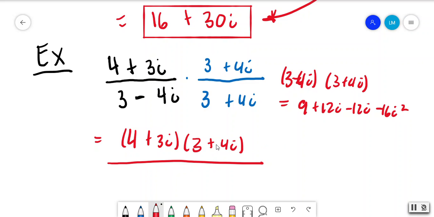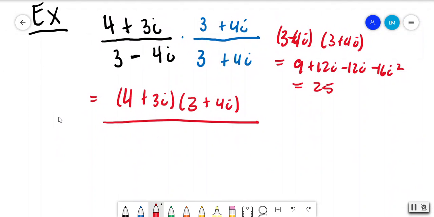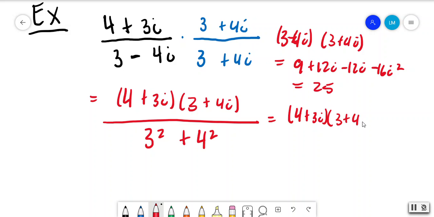It's really the same thing because you get 25. So we are aware that the value becomes real, so it's 3 squared plus 4 squared, and the denominator becomes 25. So let's just get that out of the way: the denominator is 25.